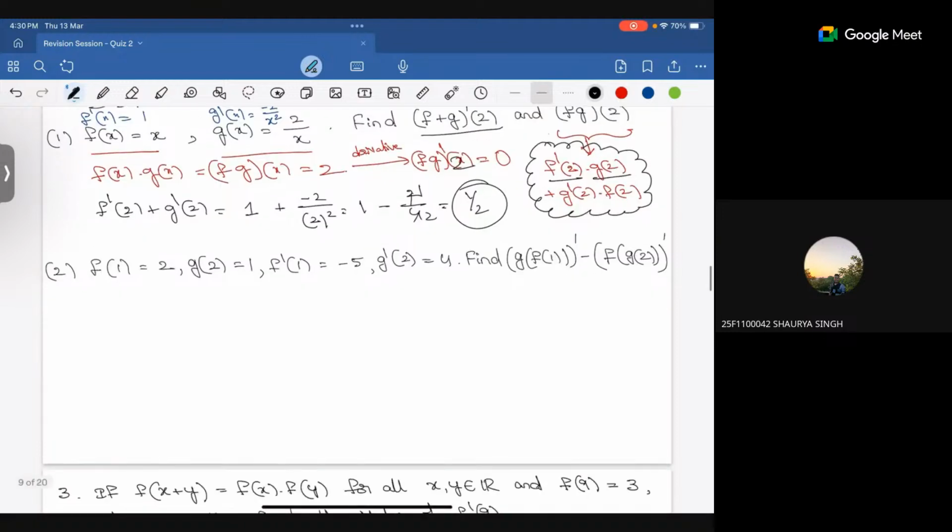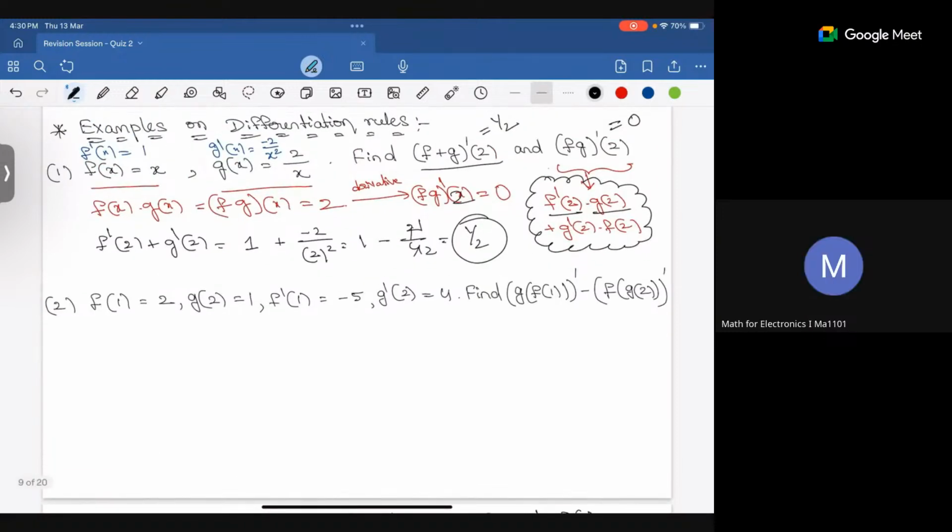Yeah. All right. So let's do the second problem. What information is given is these four: f of 1 is 2, g of 2 is 1, f prime of 1 is -5, g prime of 2 is 4. What we have to find is this. We know these are composition derivatives in both cases.